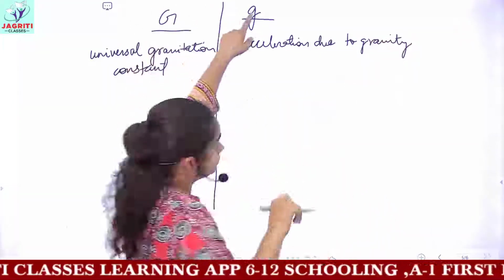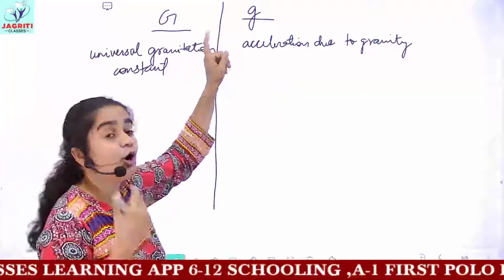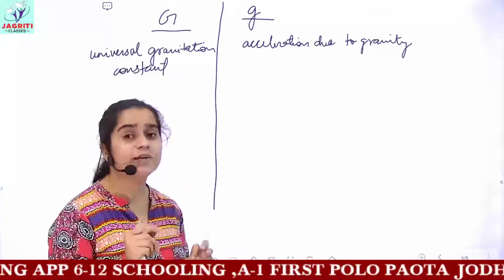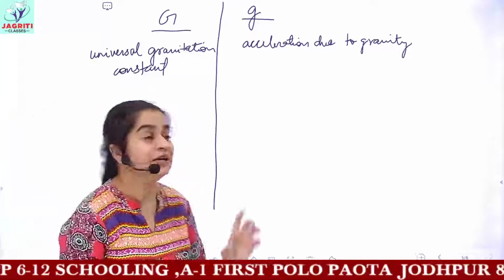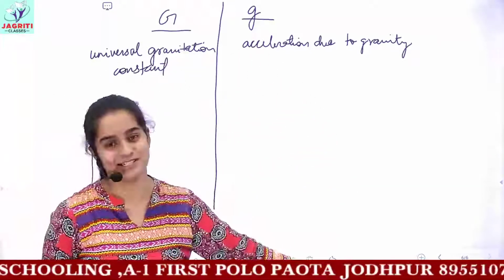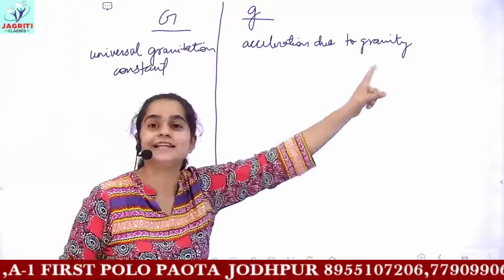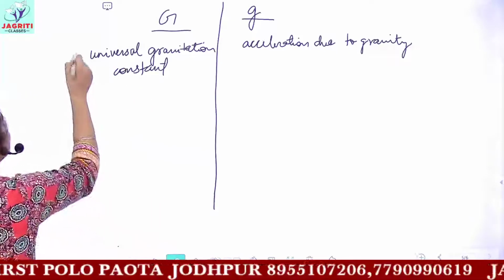A question might come in examination, so what is the difference between capital G and small g? I am giving the answer. Capital G is the universal gravitational constant, small g is acceleration due to gravity.